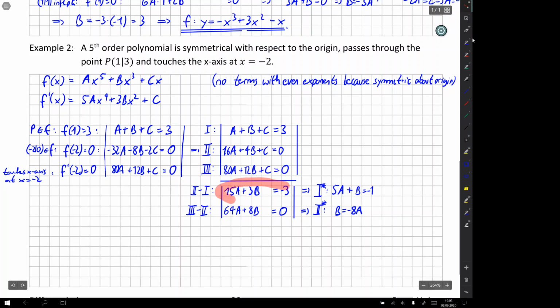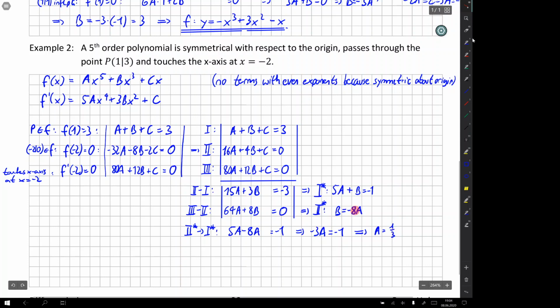Here we can simplify by dividing by 3, and also by 8, and solve it for b, and we get this second equation. Now we can insert this in here, and we get that -3a equals -1, so a equals 1/3.